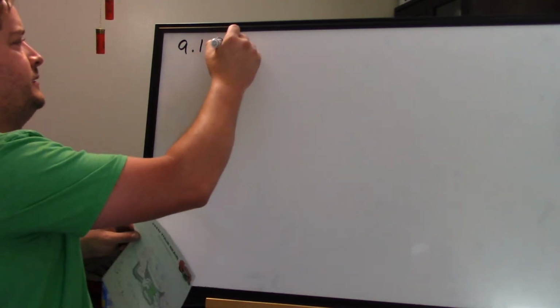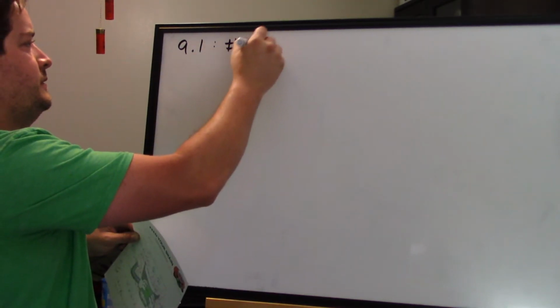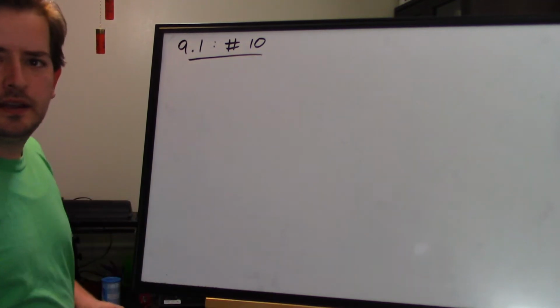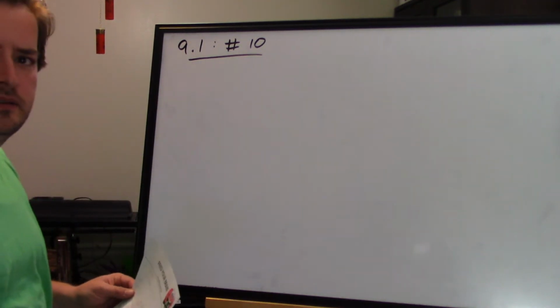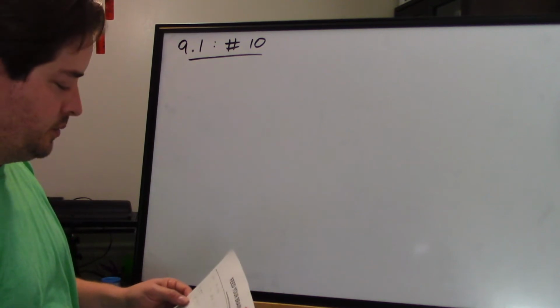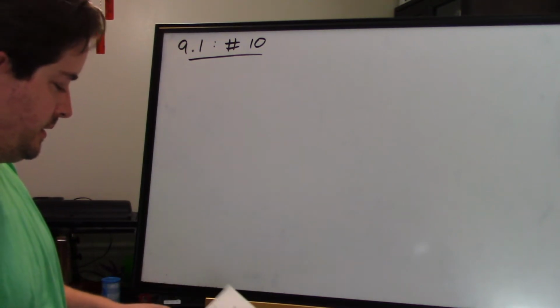So the first one is number 10. And again, I think you can see that better. It's a better quality video I'm taking, so hopefully this will work out a lot better than what we've had.